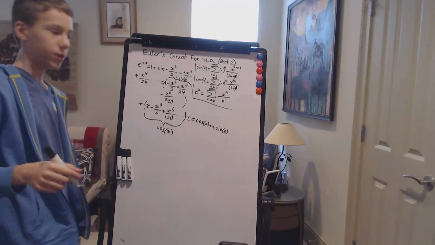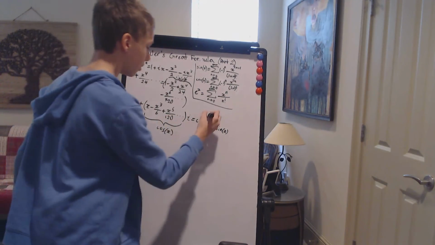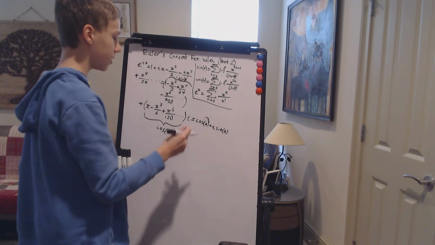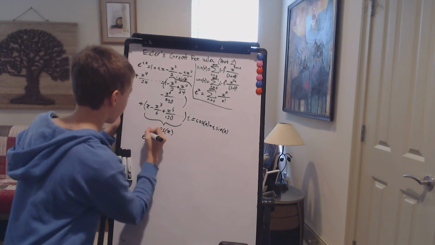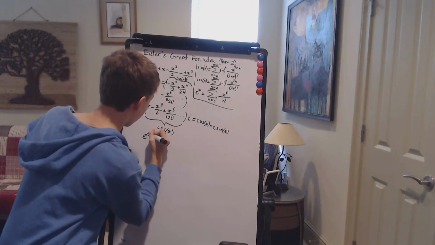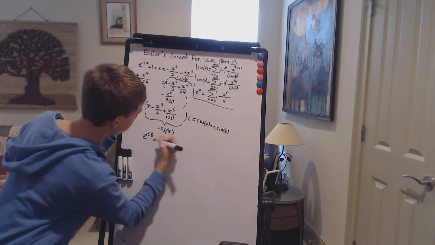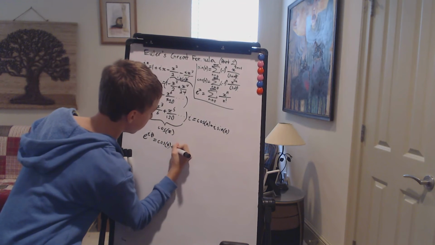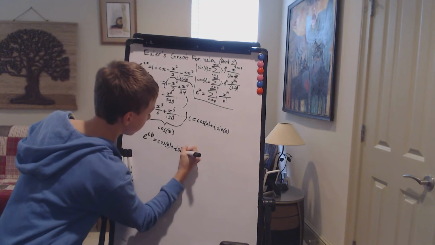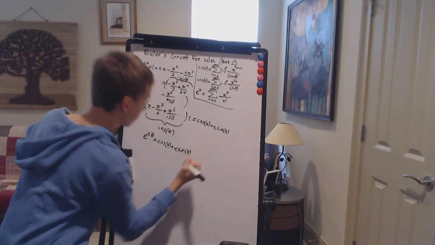As I mentioned in the previous video, usually we denote the x here as theta, so it's more clear. So if we plug in theta instead of x, we get e to the i theta equals cosine theta plus i sine theta.